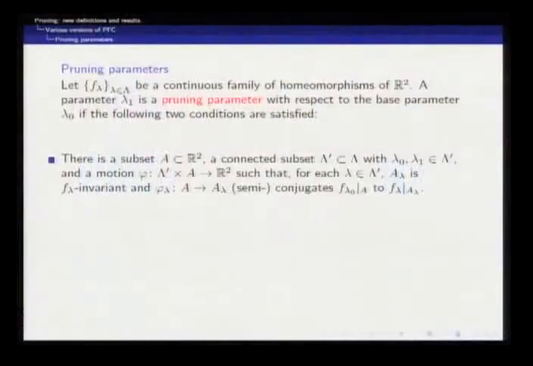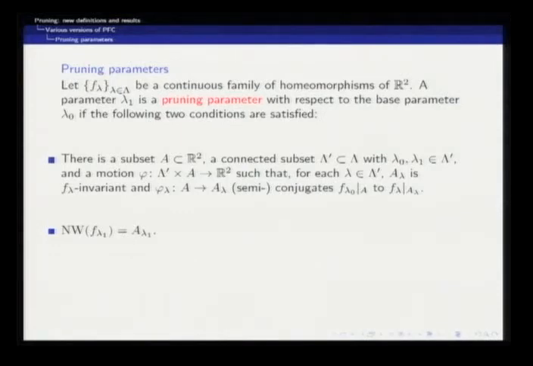First, there is a subset A of R2, a connected subset of the parameterizing set with these two parameters in there, and a motion. So you move this set A so that along the motion you have semi-conjugacies, and then the second condition is that at the end the whole non-wandering set of the map F lambda 1 is your moved set A lambda 1.